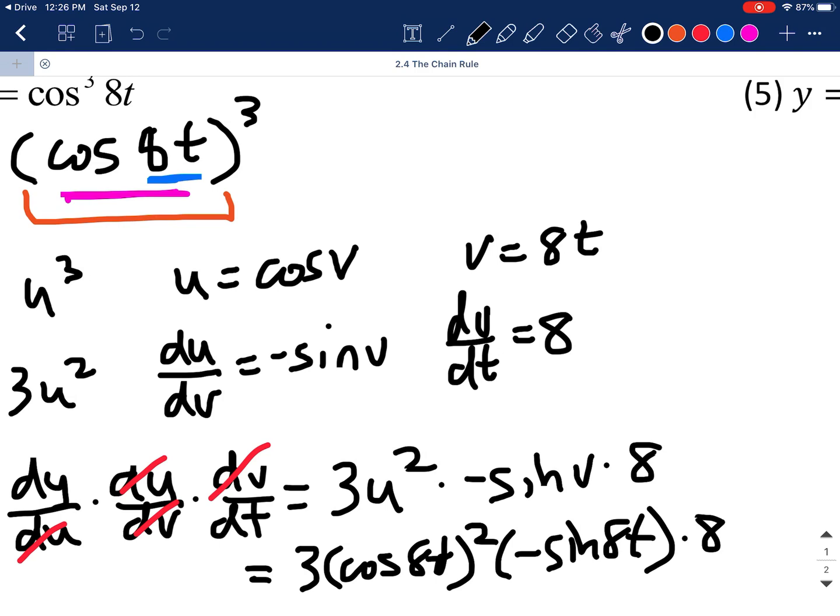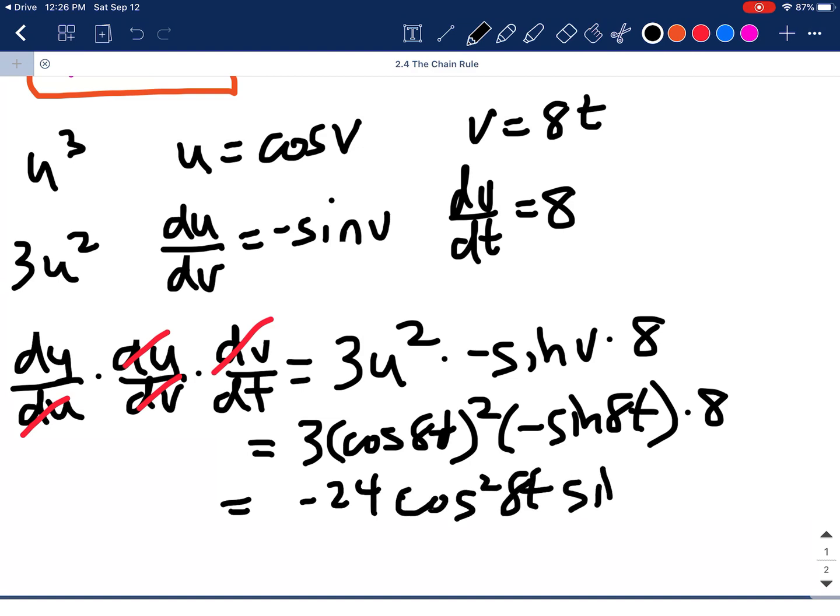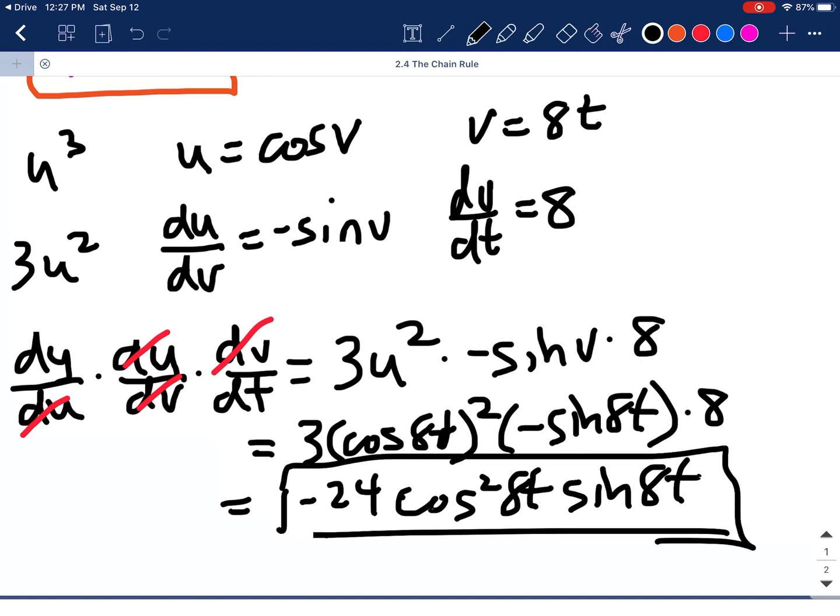All right, so we still get the same answer that we got before with the shorthand method, and then we would just need to multiply to make this negative 24. 8 times 3 times negative 1, and then we'll have cosine squared 8t sine 8t. So that's going to be our final answer.